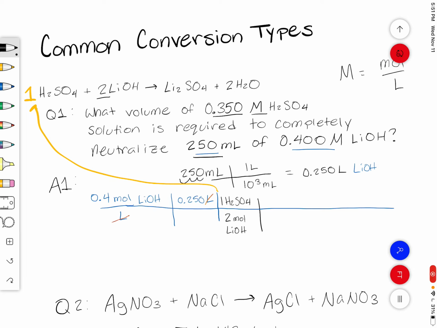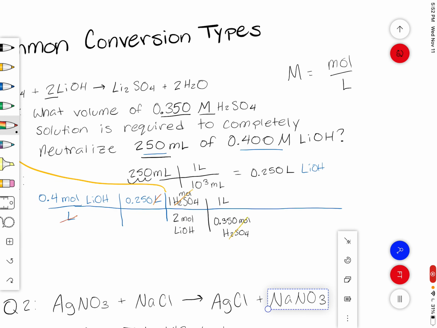On the bottom, this is moles right here, by the way. So you now have 0.350 moles for 1 liter, and both of these are H2SO4. That cancels out this unit of moles of H2SO4 and this unit moles H2SO4.